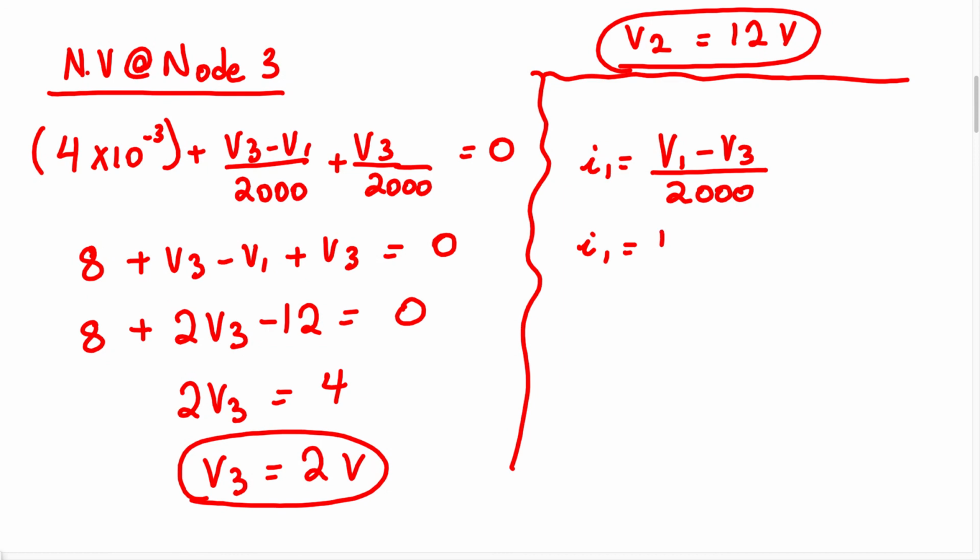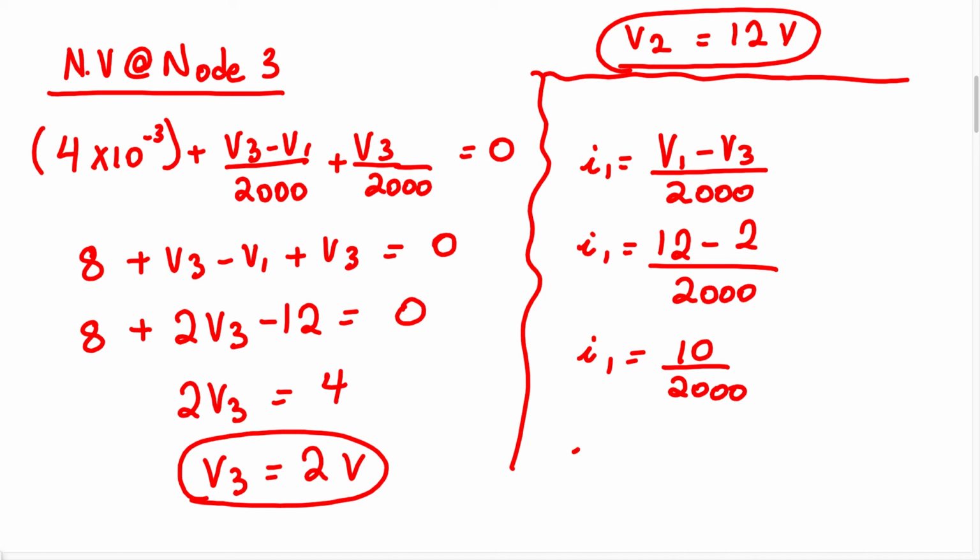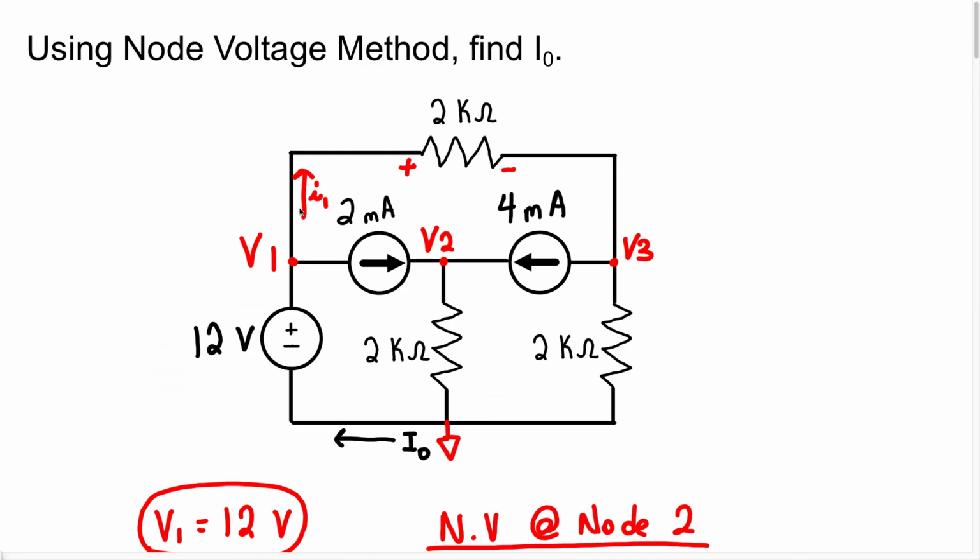So we have 12 minus 2 divided by 2000. Therefore, I1 equals 10 divided by 2000. When you put that in your calculator, that's going to give you I1 equals 5 milliamps.